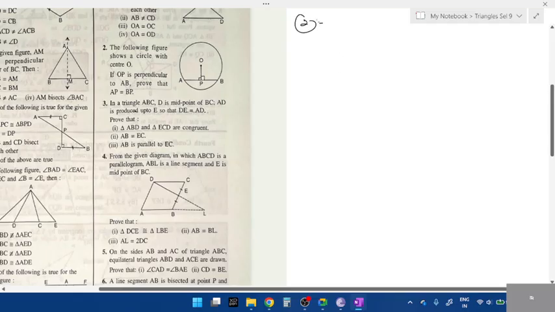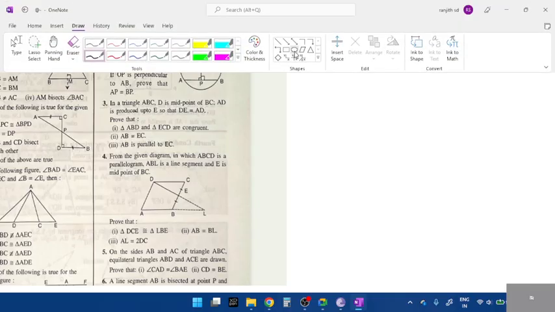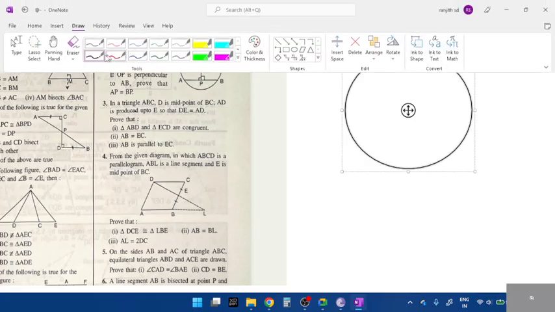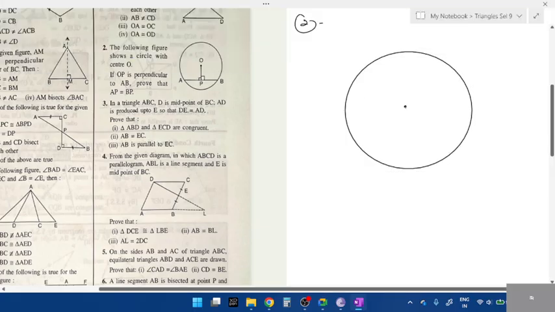So this time the questions are totally different. All are proving questions. Okay, look at this question. There is O here. So what is P, student? What's the angle formed? For any straight angle, what's the angle formed?